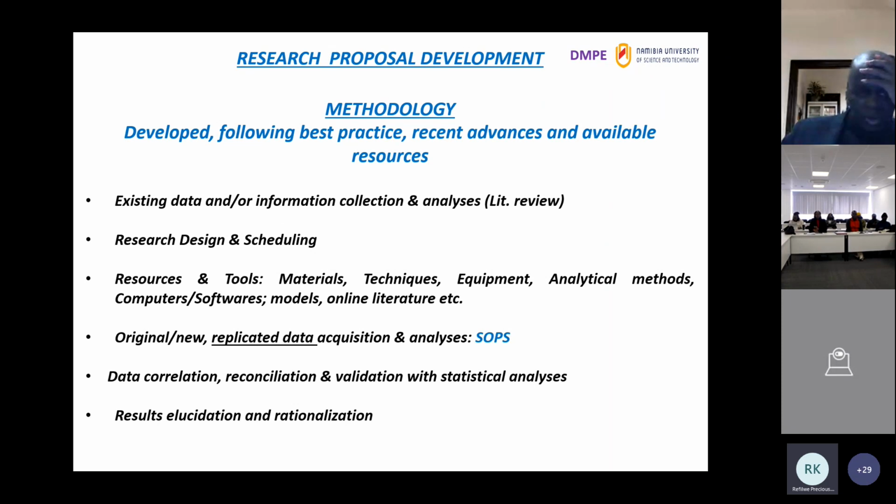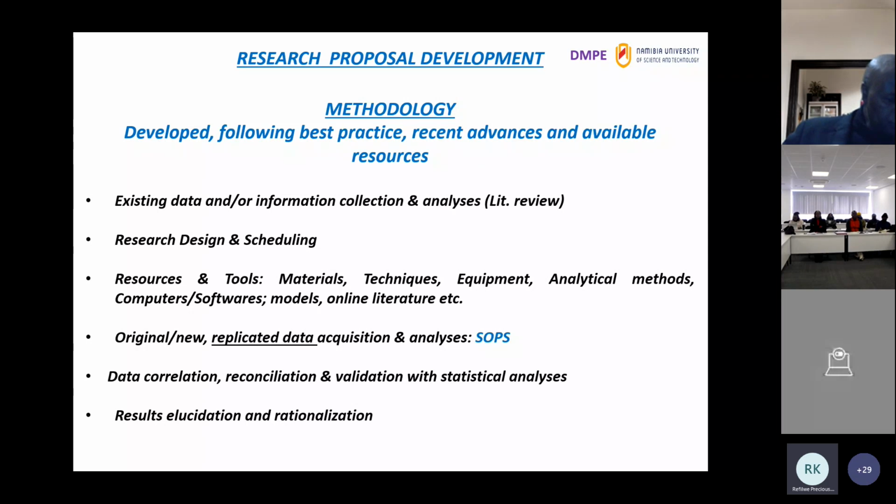Now let's talk about methodology. Once you've gone through the literature, you know what other people are using in their research methods for solving similar problems in the field. So we learn from other people's examples.